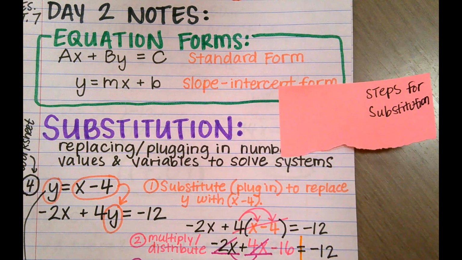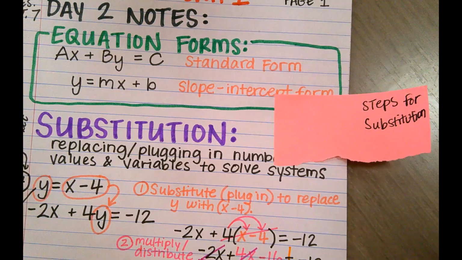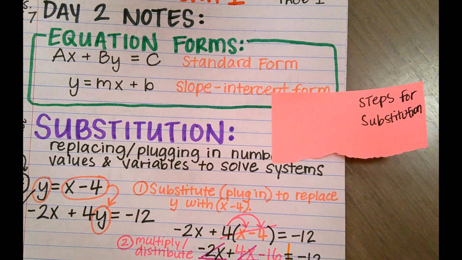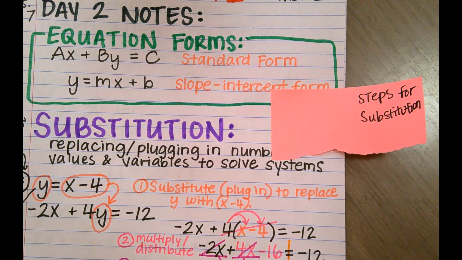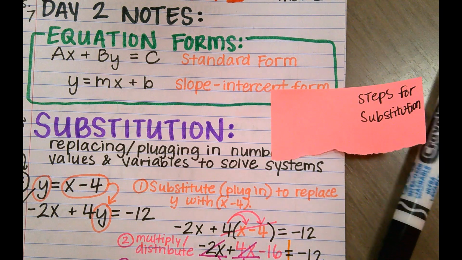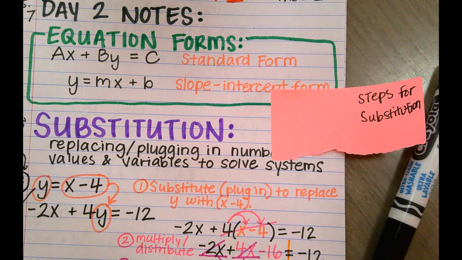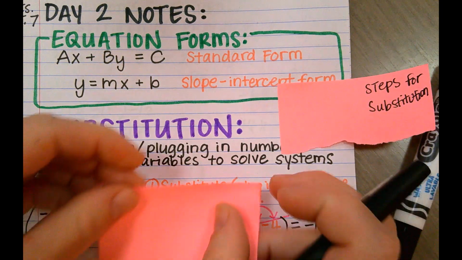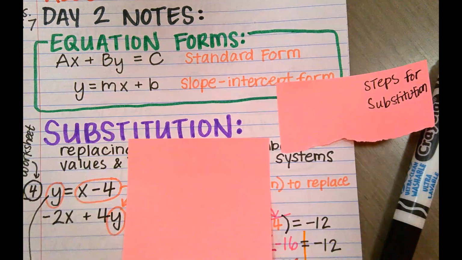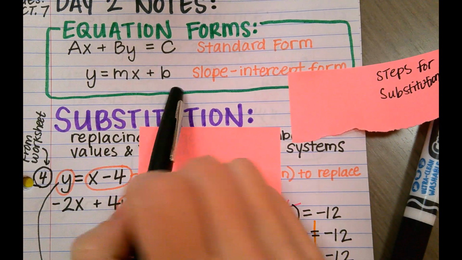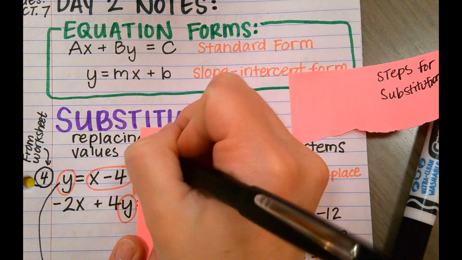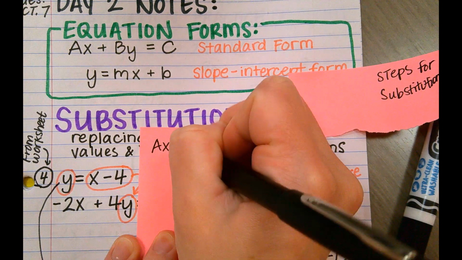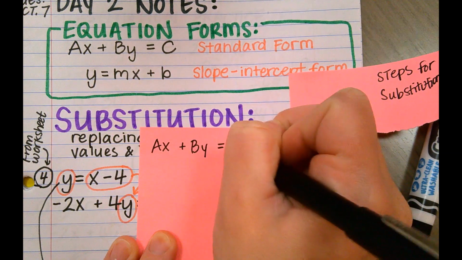This is another way your notes can be even more helpful for you, if you give yourself little things that help you remember where things are, like a tab. That's obviously completely optional. You don't have to put tabs on your thing. But what I'm going to do is write down on my sticky note now those equation forms to bring over to the next page. We have the ax plus by equals c.